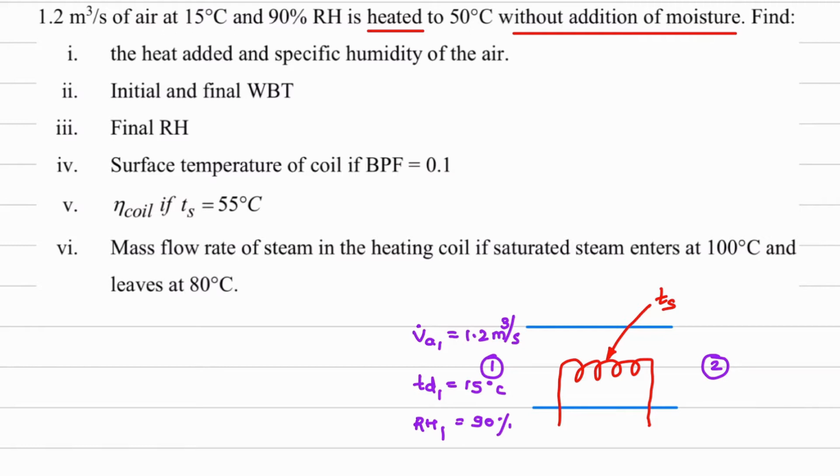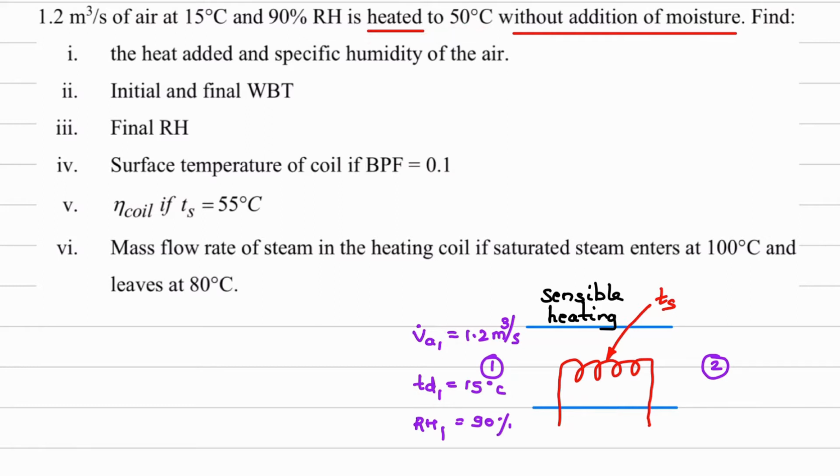Then here heat is added in the air without addition of moisture, meaning this process is which process? Sensible heating. Next data we will see. Heated to 50 degrees Celsius, meaning outlet temperature.